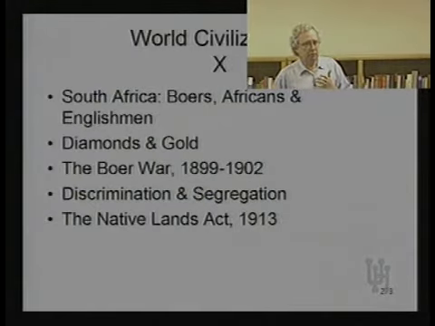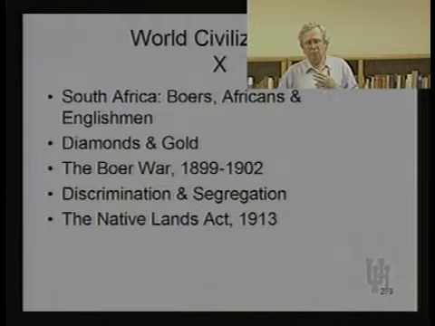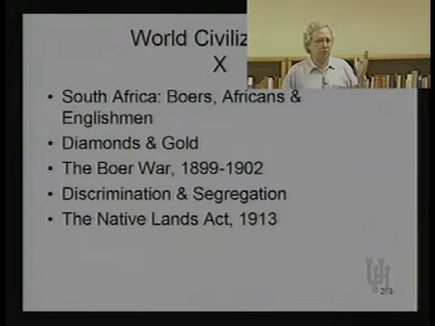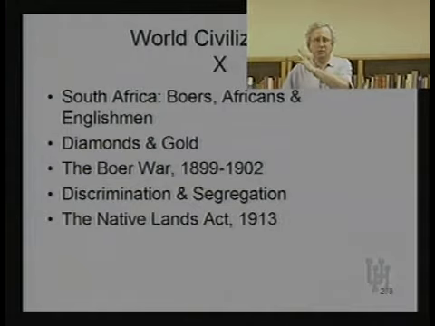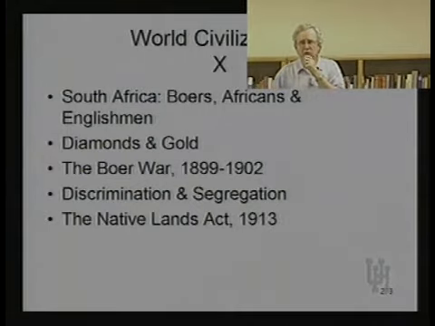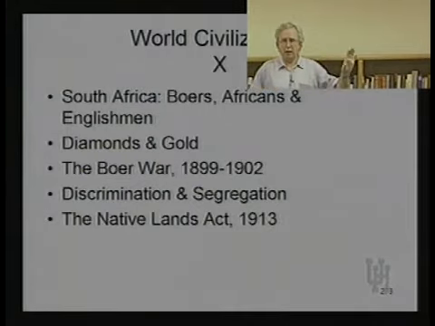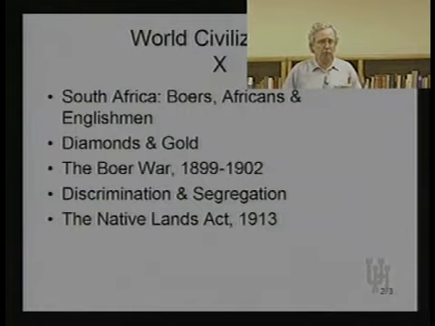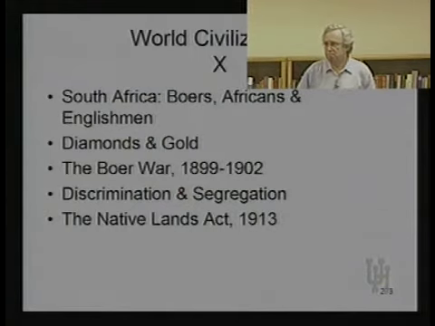These were Dutch settlers, some of whom had begun arriving all the way back in the 17th century when the Dutch were conducting trade in the Indian Ocean and in the Pacific and creating outposts in Africa. Their population had increased over the centuries. They now formed a substantial land-owning group, farms, ranches.